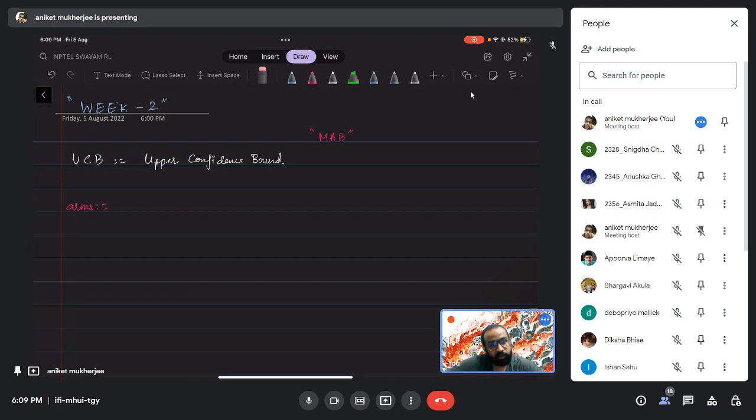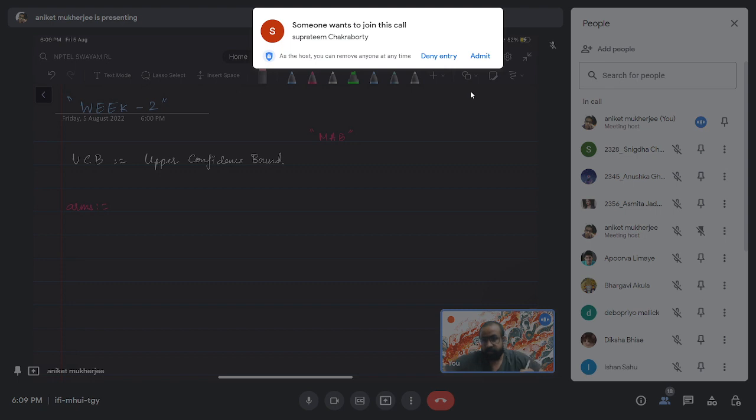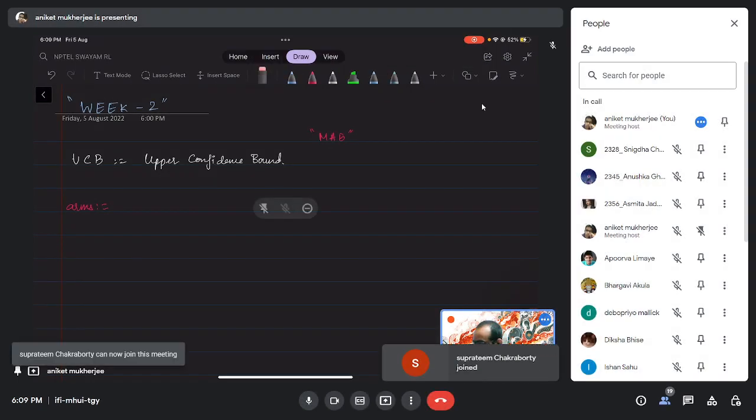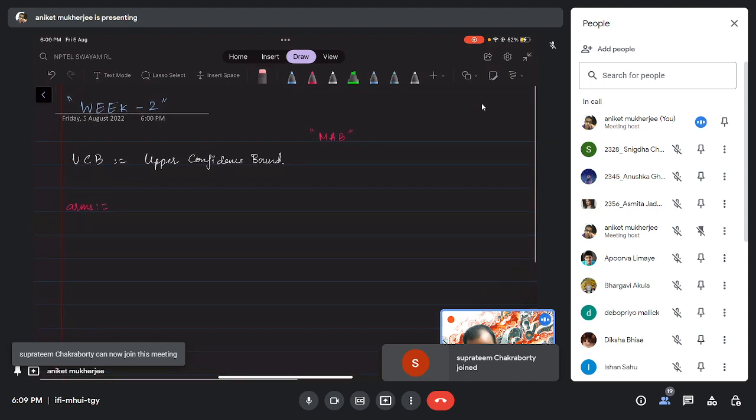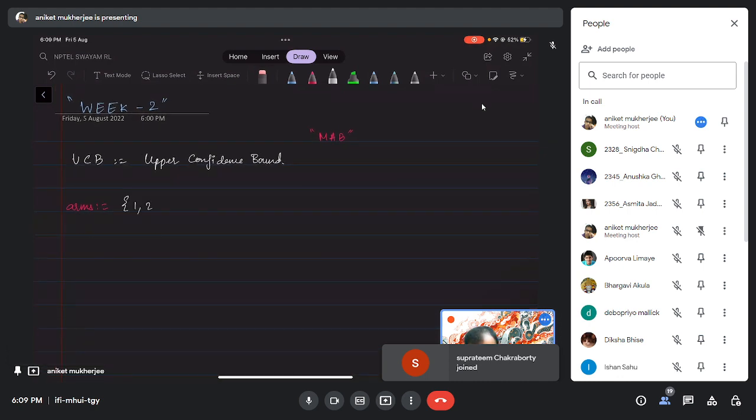But since you don't know the maximum expected rewards, you need to learn the expected reward of each arm, and then pull the arm which has the max. The more times you pull the arm, the more you asymptotically reach the actual true values of the expected rewards. So let's say you have k arms.